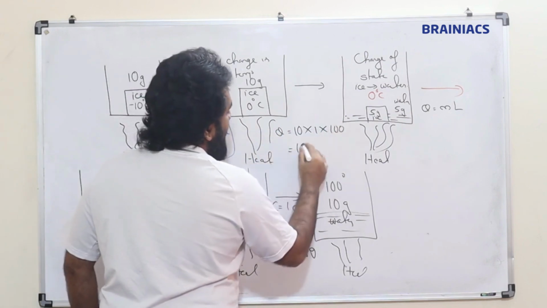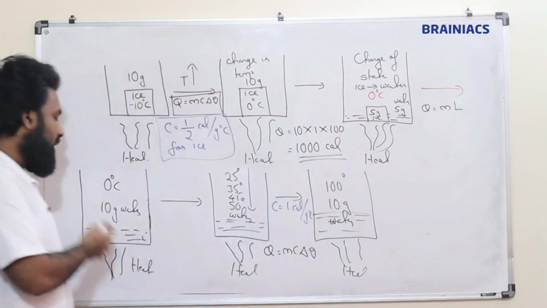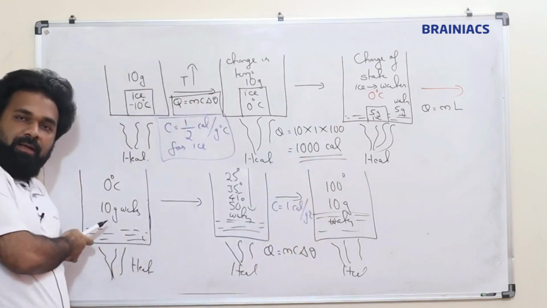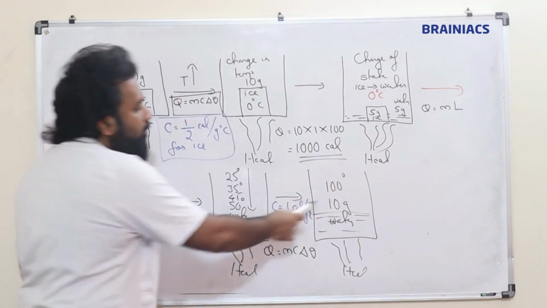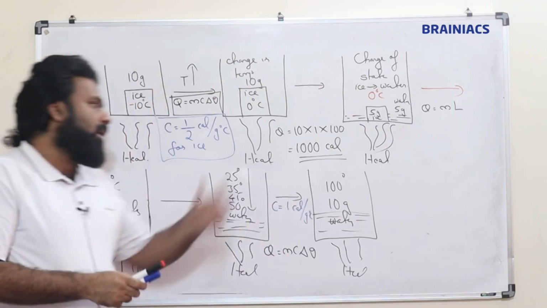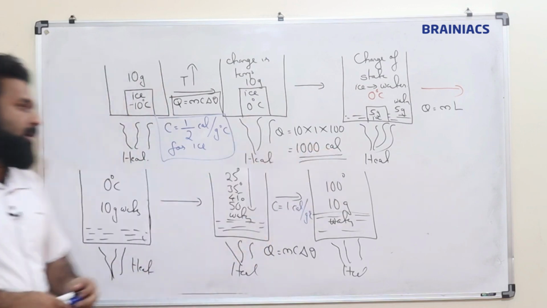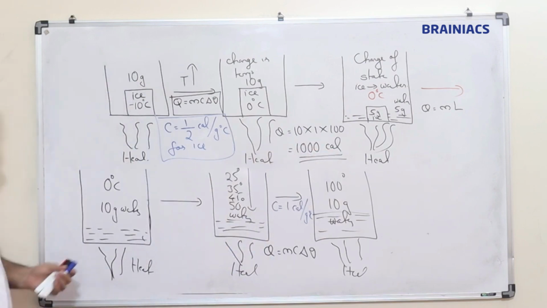So totally 1000 calories are required to convert 10 gram of water from 0 degree centigrade to 100 degree centigrade. Clear? Again specific heat is used because the change in temperature is there. Is it clear till this?